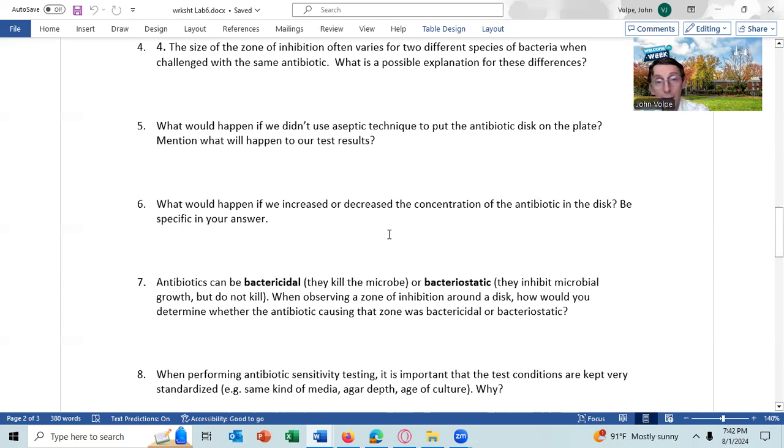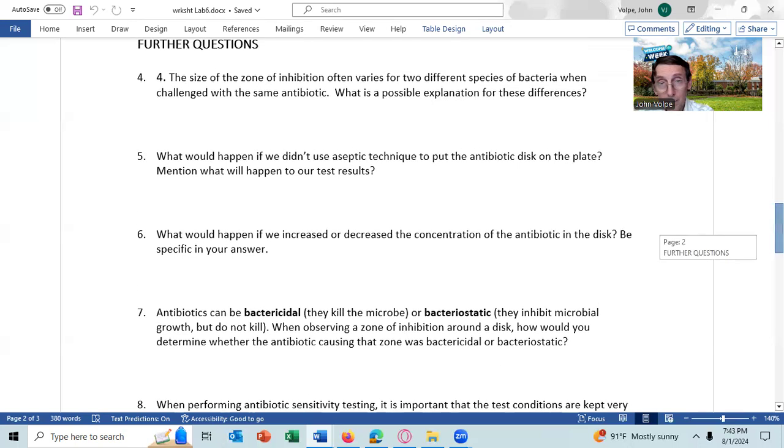7, antibiotics can be bactericidal, meaning they kill the microbe, or they can be bacteriostatic. They inhibit microbial growth, but do not kill the microbe. When observing a zone of inhibition around a disc, how would you determine whether the antibiotic causing that zone of inhibition was bactericidal or bacteriostatic?